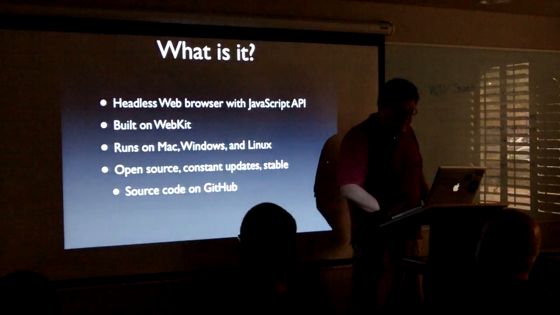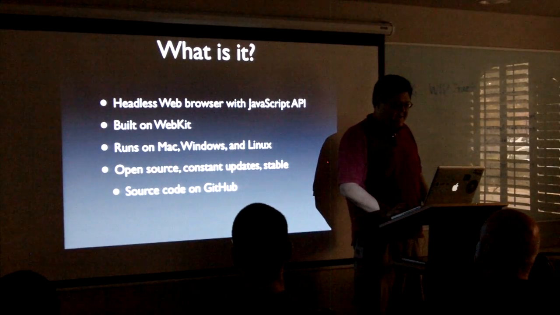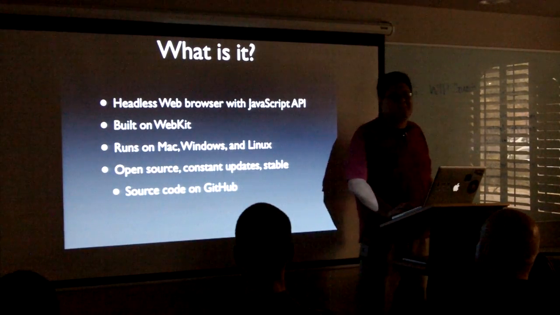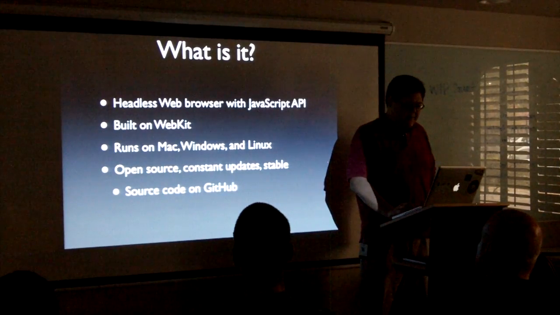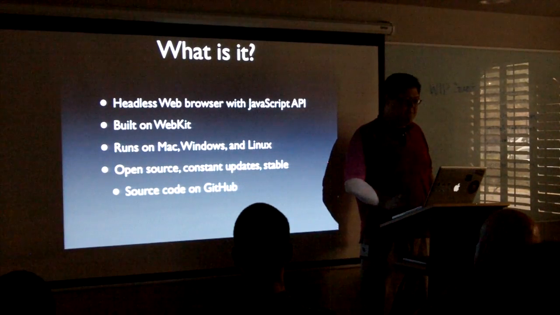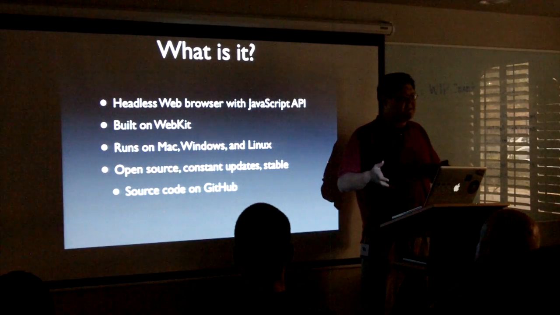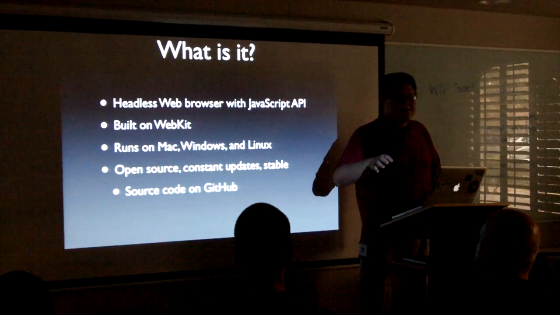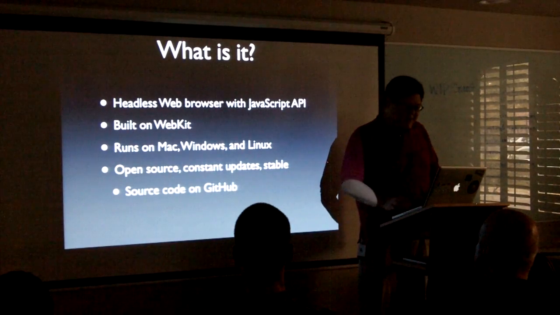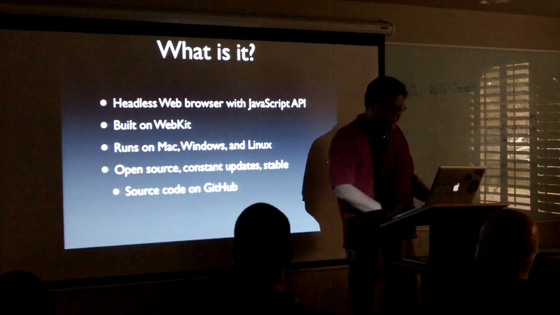So what is PhantomJS? It's actually a headless web browser with a JavaScript API, meaning a web browser that doesn't have a user interface. The way that you call into pages is through a JavaScript API. It's built on WebKit.